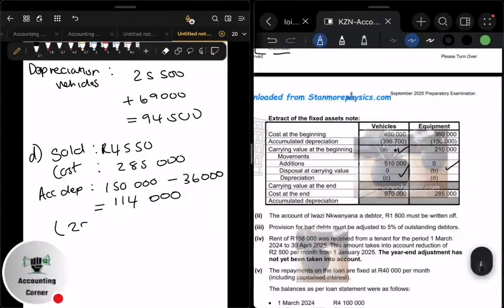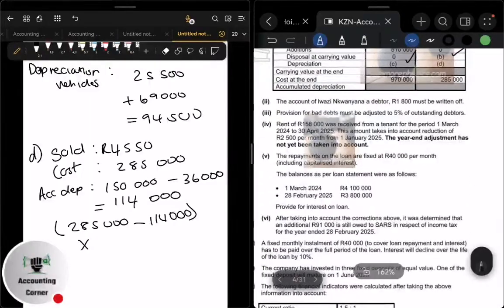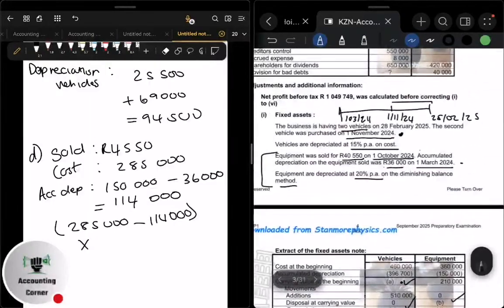Then we say 285,000 minus 114,000 multiplied by, what was the percentage? 20%. And then had this for the whole year, so we don't need to apportion. Or we can just say times 12 over 12.